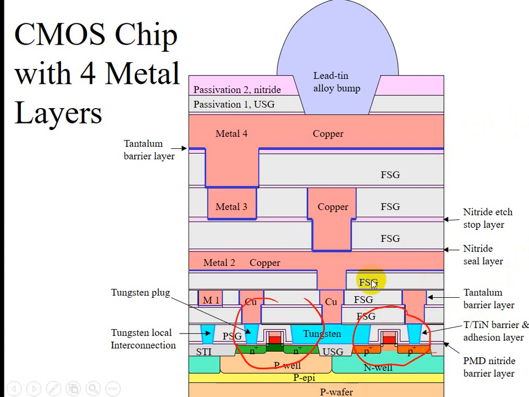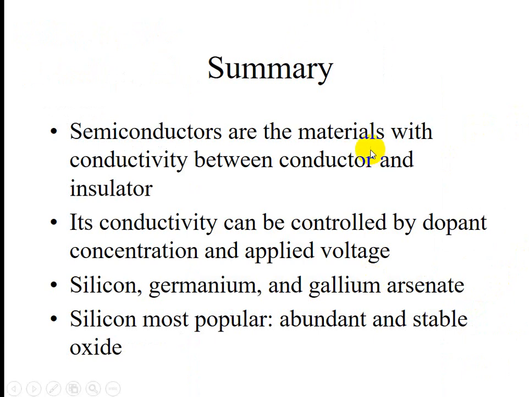Let's look at the summary for chapter 3. In chapter 3, we discussed what a semiconductor is. It's a material with conductivity between conductor and insulator. For a single crystal semiconductor, its conductivity can be controlled by dopant concentration and applied voltage.